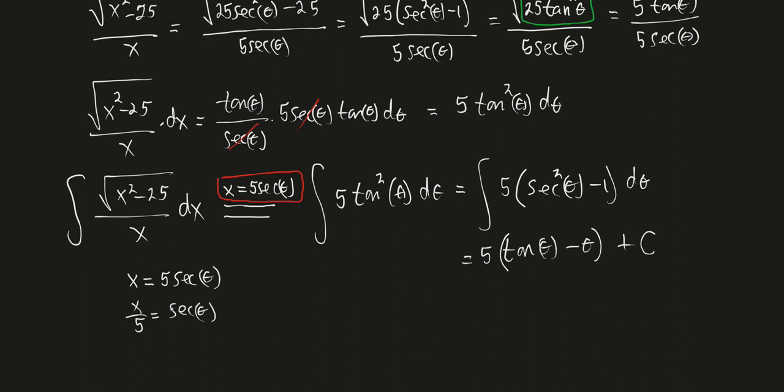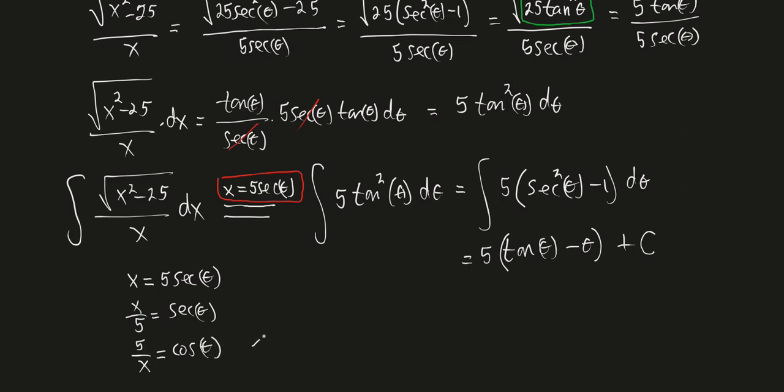Well, we tend to work more efficiently and more accurately when working with sine and cosine than with some of the other ratios. So I know if I take the reciprocal of this side, it will give me cosine. If I take the reciprocal of this side, I'll get 5 over x. So 5 over x is the cosine of theta.